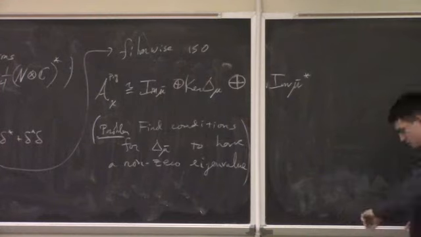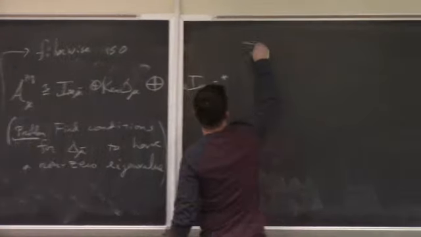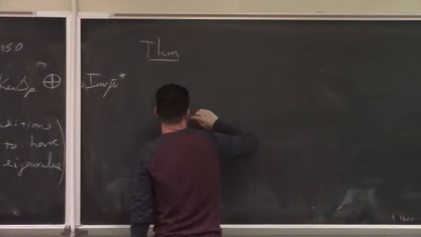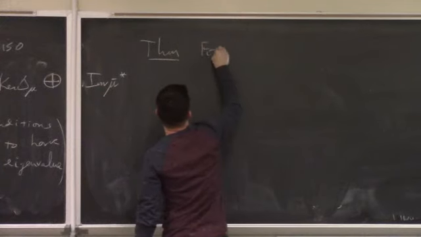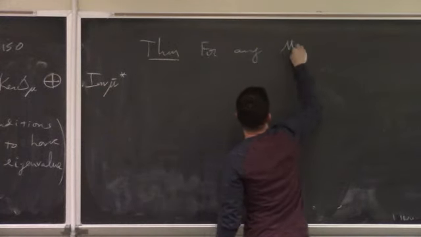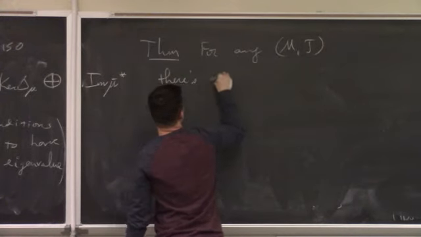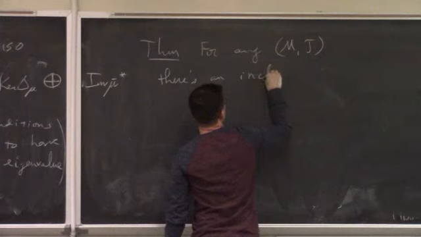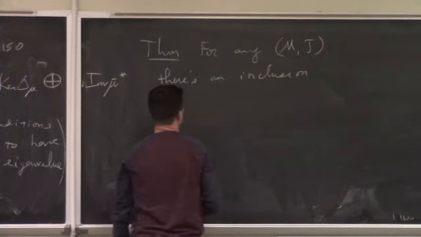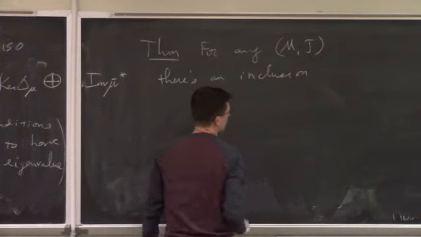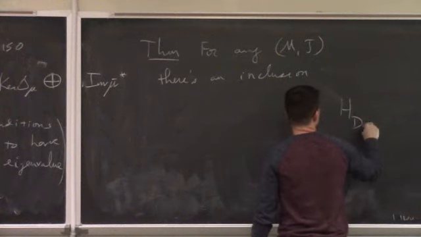Okay, so let me end with a theorem. For any (M, J), there's an inclusion from, well, you take the Dolbeault cohomology.